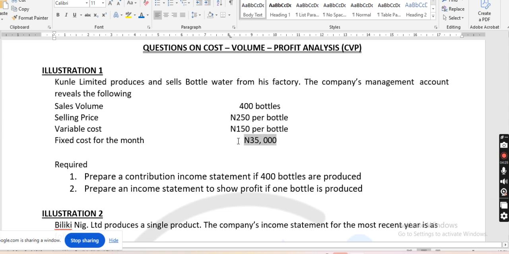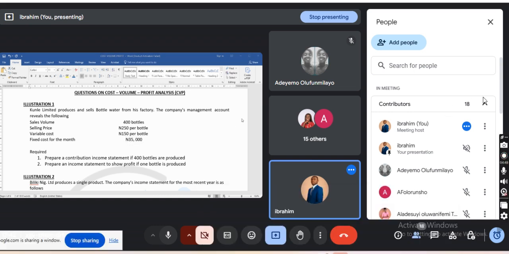The fixed cost for the month is this. Prepare a contribution income statement for 400 bottles. Prepare an income statement to show profit if one bottle is produced. We will look at that.